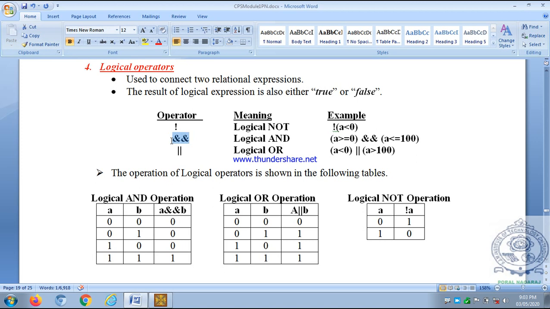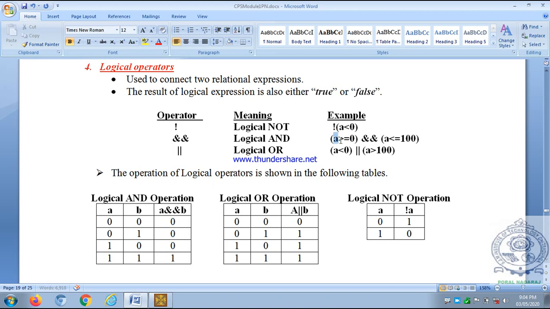For example, a is not less than 0, because we have used the NOT operator. Without it, it is a less than 0. If I write an exclamation mark, it is called a is not equal to 0. So this is how we use the NOT operator.